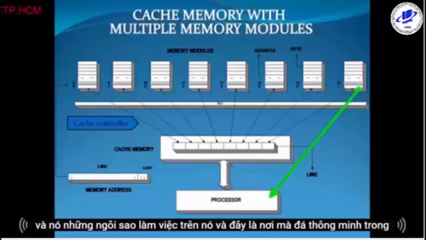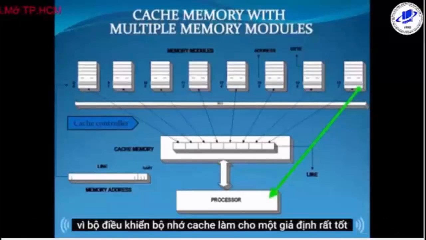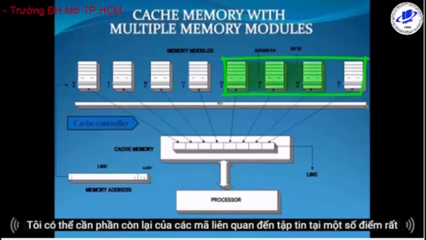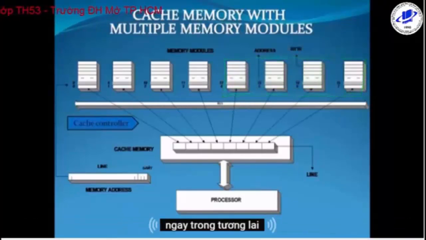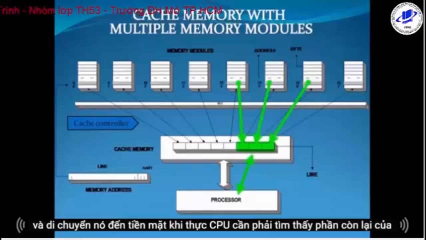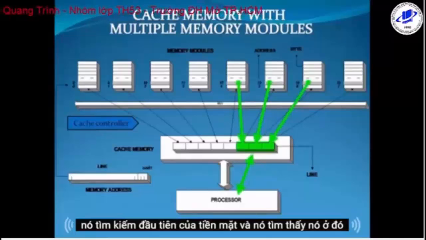And this is where the intelligence kicks in, because the cache controller makes a very good assumption that if I use that particular piece of code related to that file, I might need the rest of the code related to the file at some point very shortly in the future. So the cache controller grabs hold of the rest of the file and moves it to the cache. When indeed the CPU needs the rest of the information, it searches first the cache, and it finds it in there.